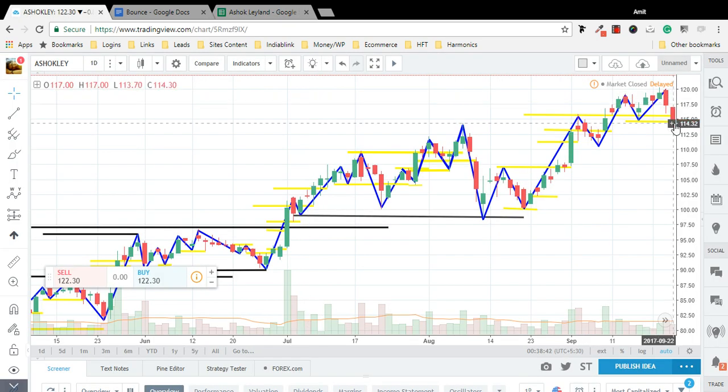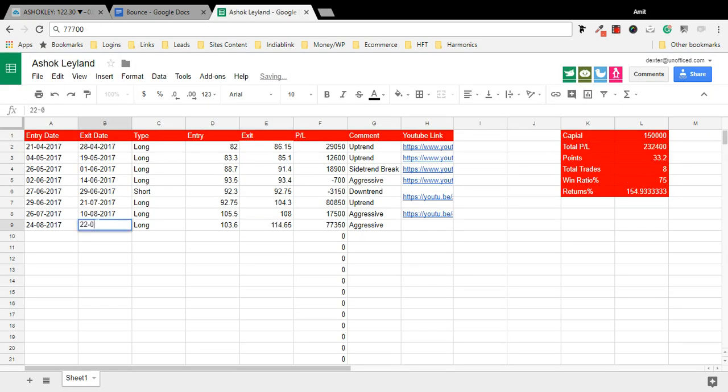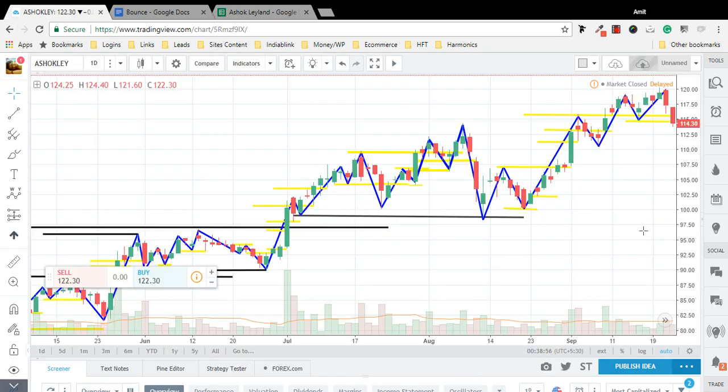It is getting broken at 22.9. So this is not aggressive anymore, it is called an uptrend. So what happened here?